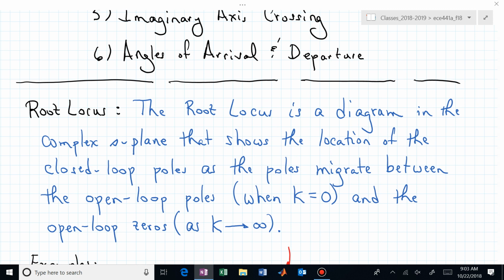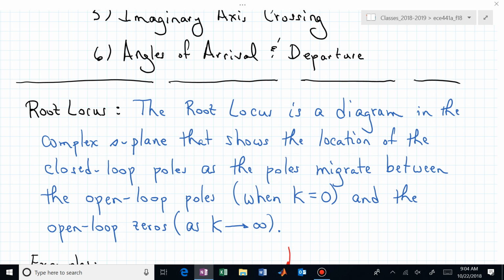But here is something, if you are verbal, or if you like to read, here's a description of the root locus. It's a diagram in the complex S-plane that shows the location of the closed loop poles as the poles move around. As we adjust the gain k, these closed loop poles are going to move around the complex plane.